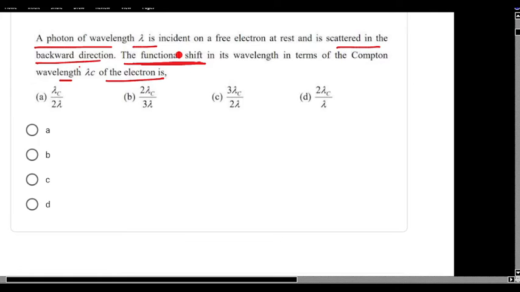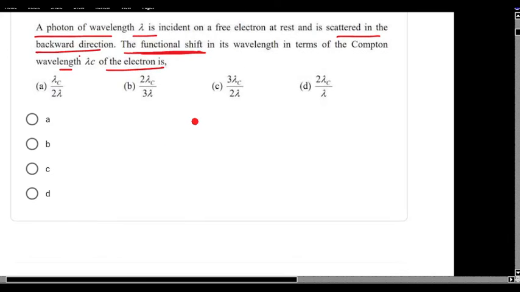Before that, the Compton effect is the change in the wavelength when a photon undergoes an inelastic collision with an electron at rest, and the scattered photon has a wavelength greater than that of the incident photon.